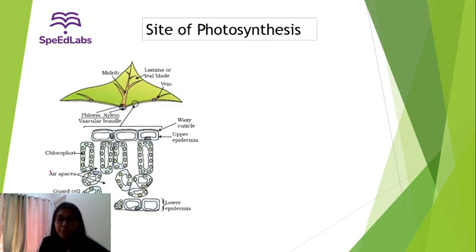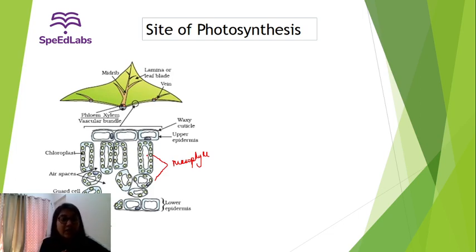Now, a very important thing: what exactly is the site of photosynthesis? We all know it occurs in the leaves, in the green parts of the plants. See here, this is the cross section of the leaf, and our focus should be on these cells. These are mesophyll cells. Chlorophyll pigment is found inside these mesophyll cells.